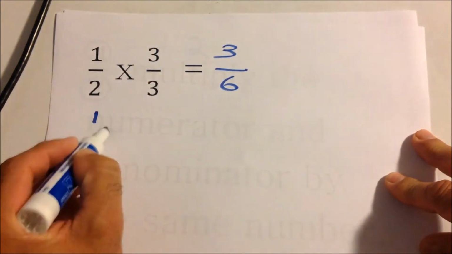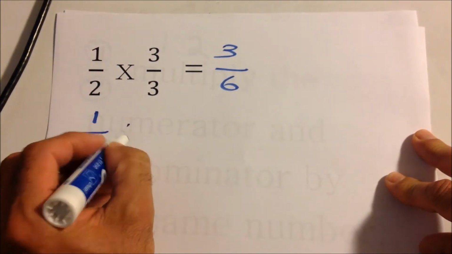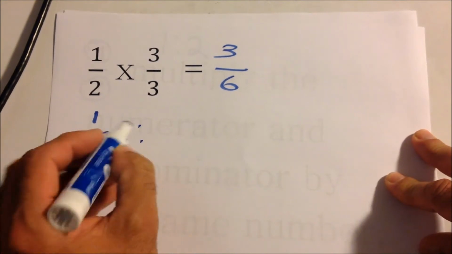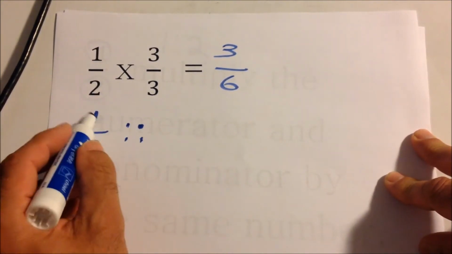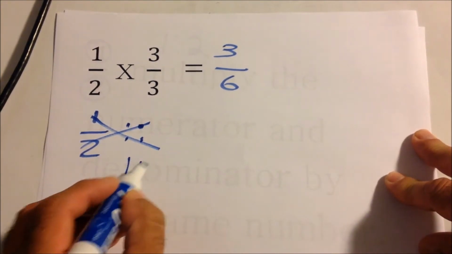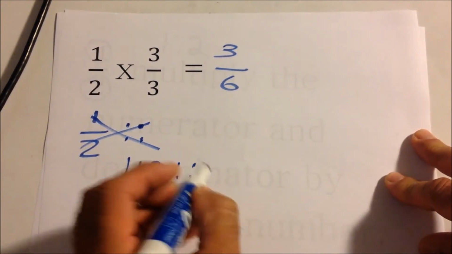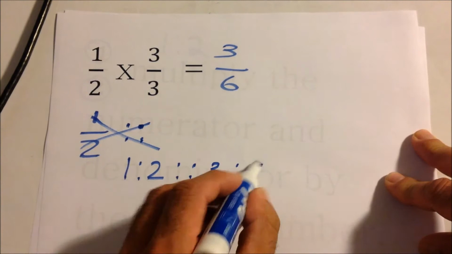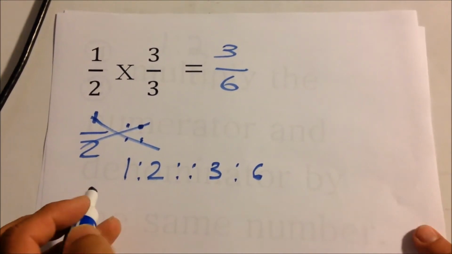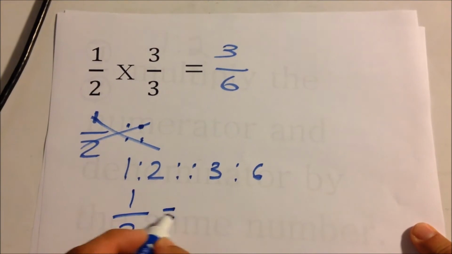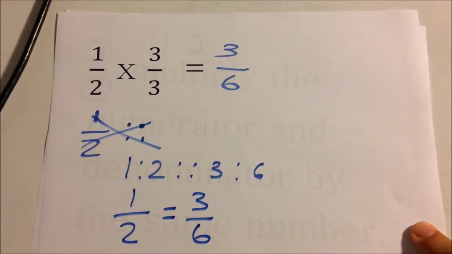So 1 over 2 is equivalent to 3 over 6. By the way, that's another way of writing the equivalent ratio sign. You can say 1 over 2 is equivalent to 3 over 6. That's one way of writing it. Or you can say 1 over 2 equals 3 over 6. Now again, you can use any number.